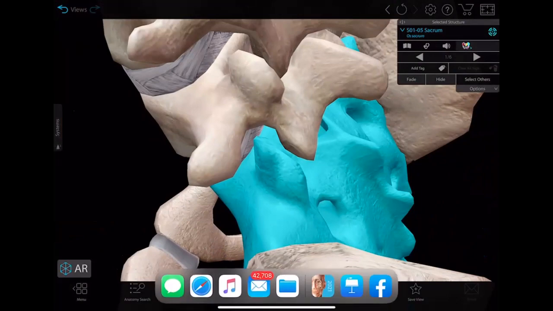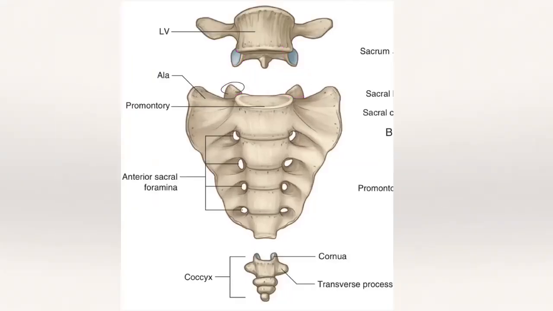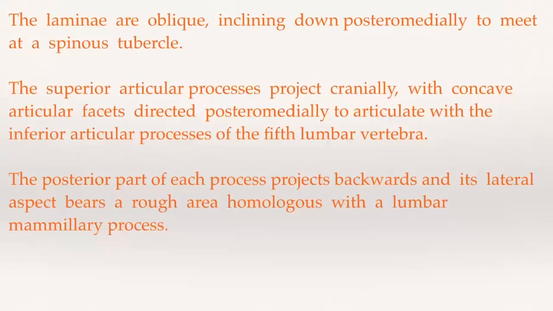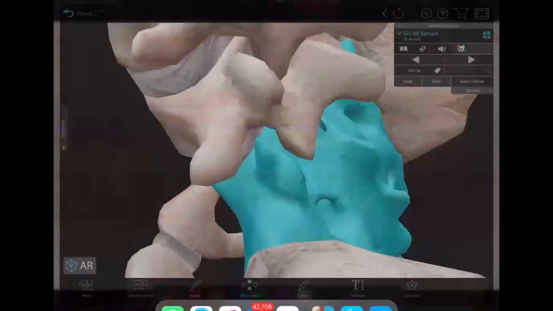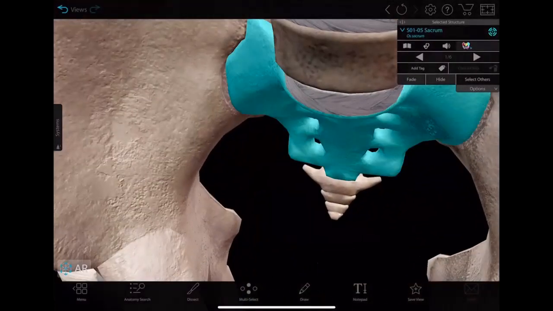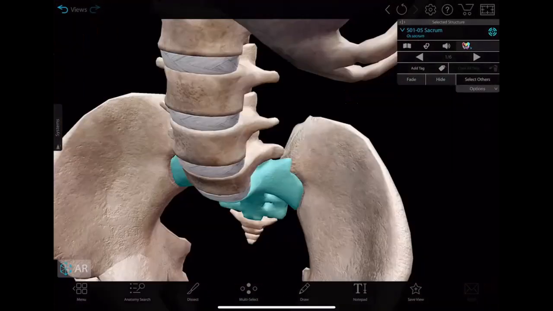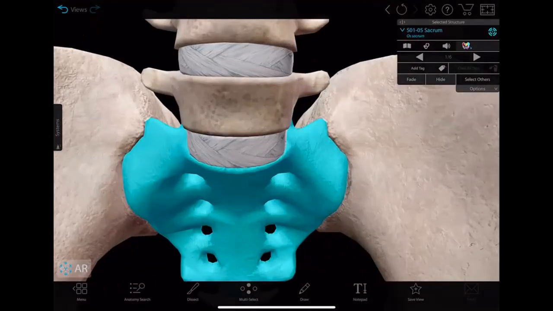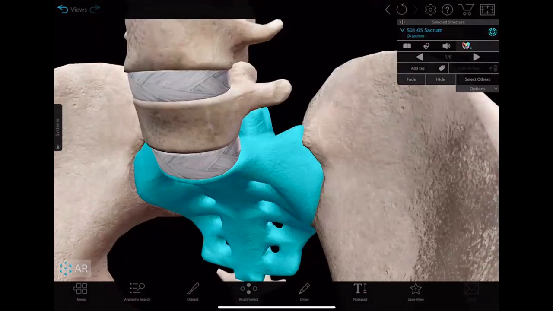So what we have read is that the superior articular processes project cranially with concave articular facets directed posteromedially, right? You see, this is the anatomical position of the sacrum. So the articular facets project posterior and medial, right?